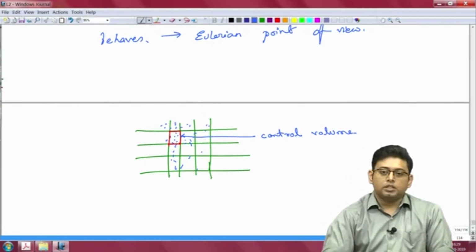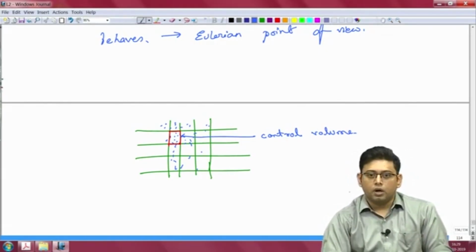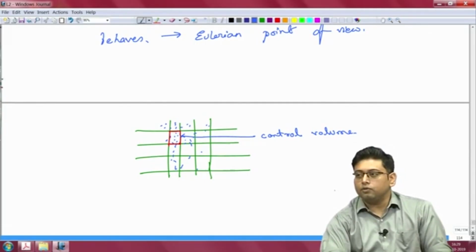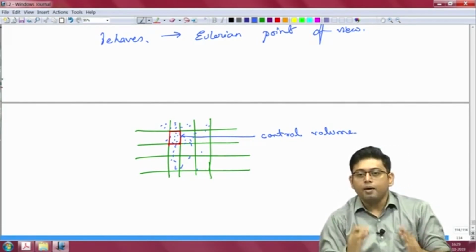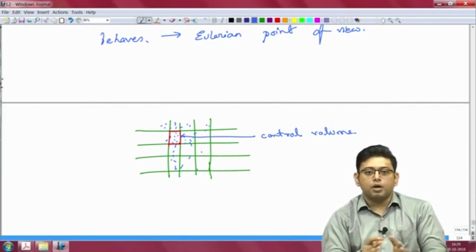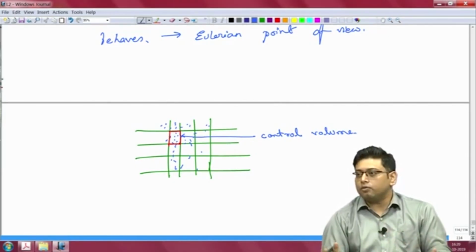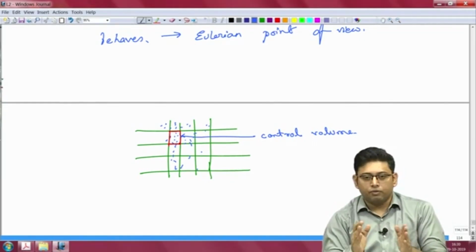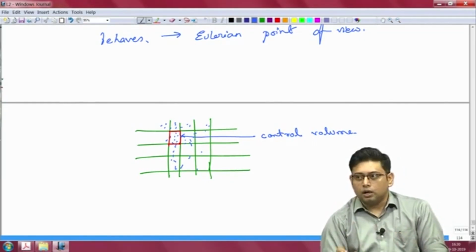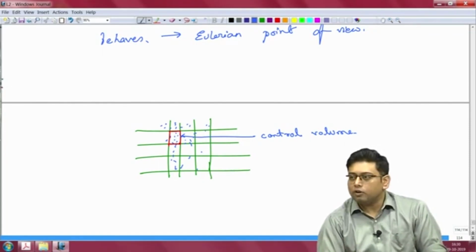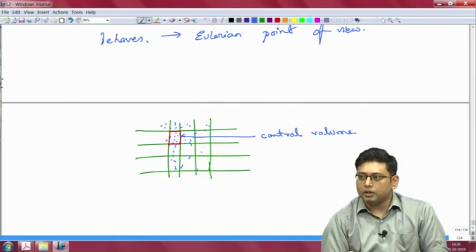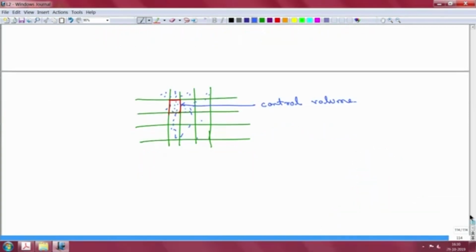So this is the Eulerian perspective, where you do not track individual fluid particles. Rather, I will keep my view fixated on certain meshes or grids, and these grids are your control volume, and I will quantify the behavior in these grids.